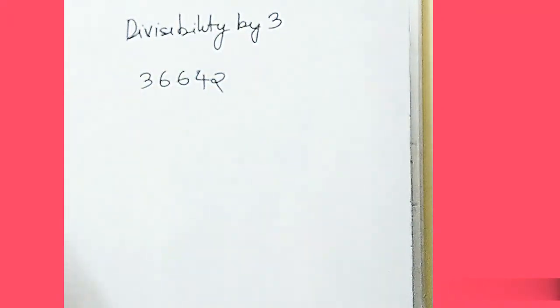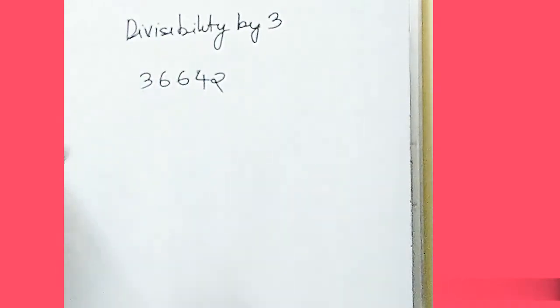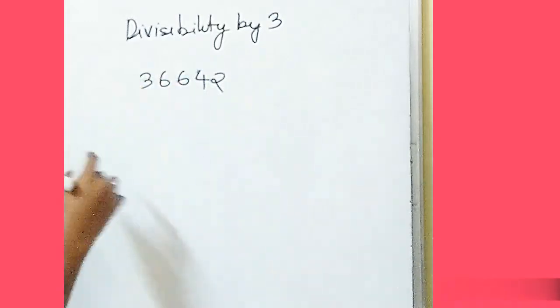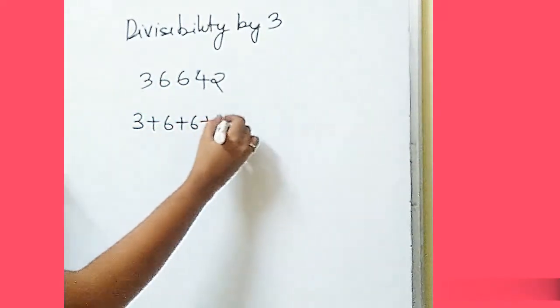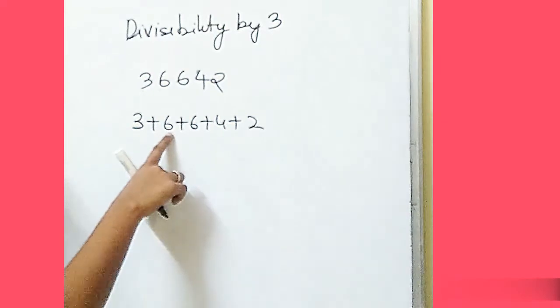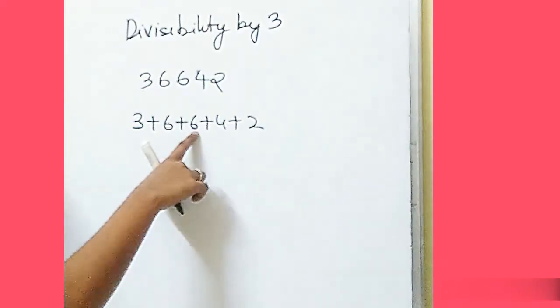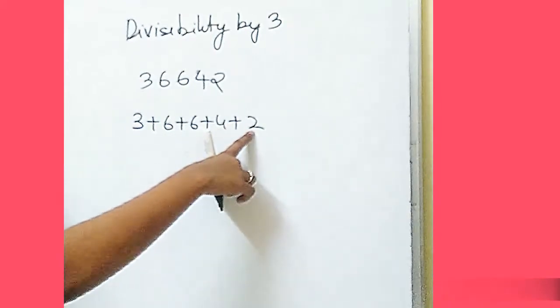Now we'll see how we will confirm that. We are going to add the digits. They are telling us to add the digits. The digits are in this number, so we will add them: 3 plus 6 plus 6 plus 4 plus 2. Now we'll check whether this number is going to come in the 3 table or not. 3 plus 6 is 9. 9 plus 6 is 15. 15 plus 4 is 19. 19 plus 2 is 21.